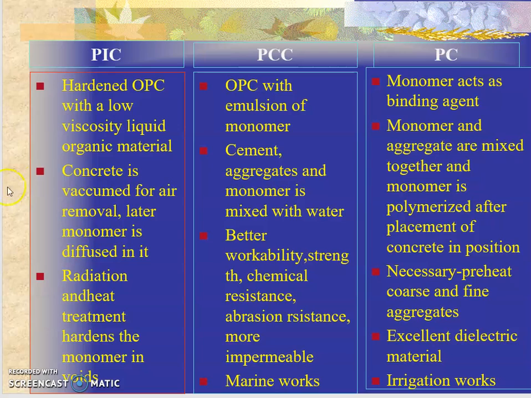Now coming to the first one, that is polymer impregnated concrete. Now, what is this? This is a hardened Portland cement concrete, a normal concrete that you know. So what do you do once you have the hardened concrete? There are voids which will be formed inside the concrete.